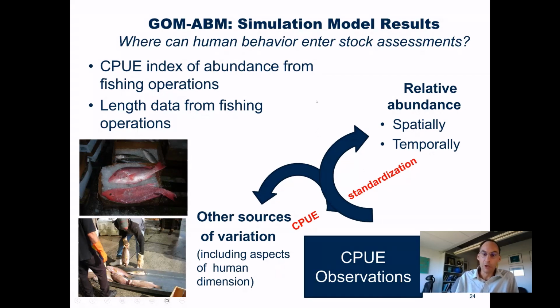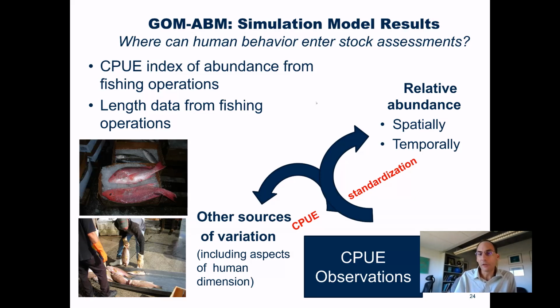So if you're using fishery-dependent data sets to calculate catch per unit of effort, which is done in fisheries where we don't have very good surveys or for species that are not well surveyed, then human behavior and human bias is wrapped up in that data.